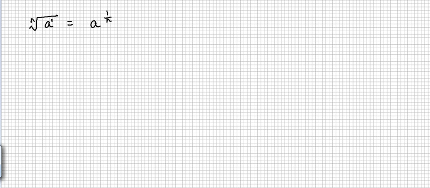In the book they put an m here, so it would be a to the m over n. The next rule is the nth root of a is equal to b if b to the n is equal to a. We'll go over this one a little bit in the next video when I talk about basic steps of algebra.